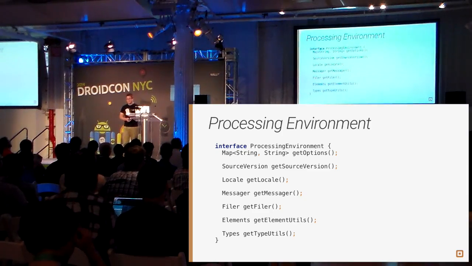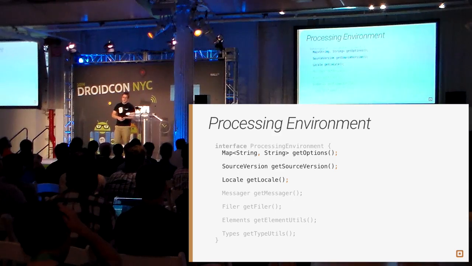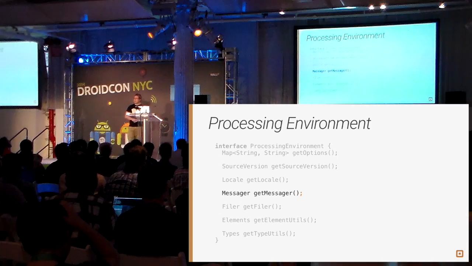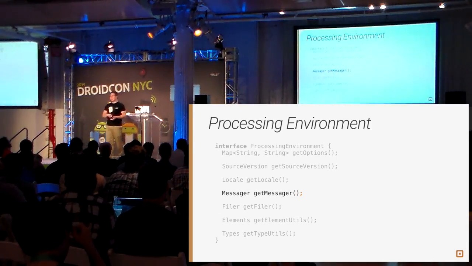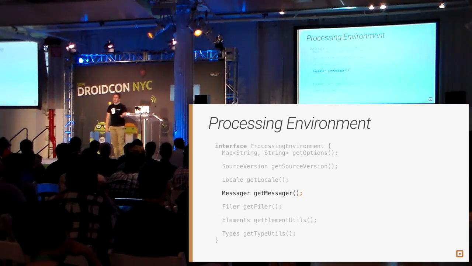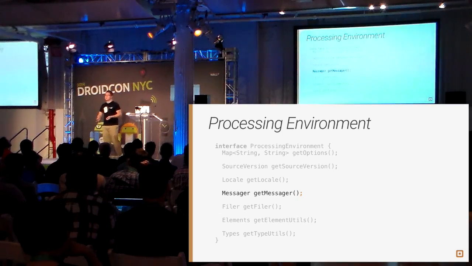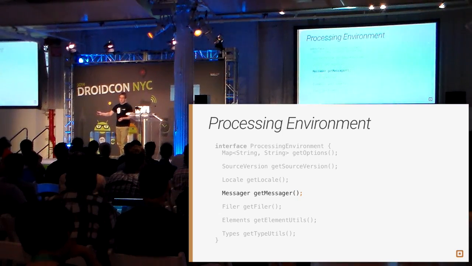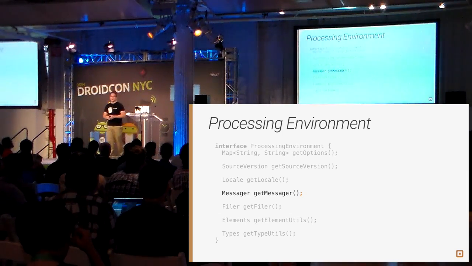We have another giant interface. It's not so giant. Options, source version, and locale are not super important. We have something called a Messager. This is the way through which you communicate back to either the command line or the IDE that is doing the compilation that your annotation processor is in. You can provide informational lines saying things that were processed, you can trigger warnings, and you can even fail the build just by triggering an error through this Messager, and that will show up quickly in the implementer's IDE.